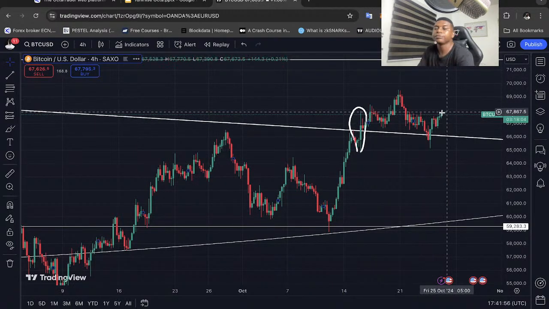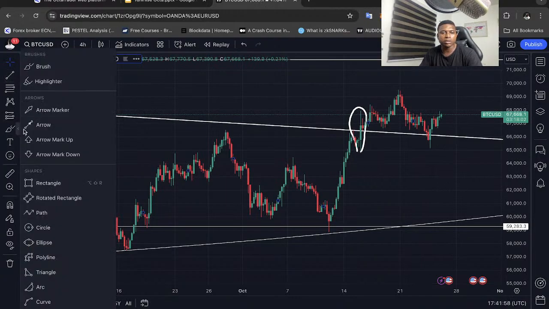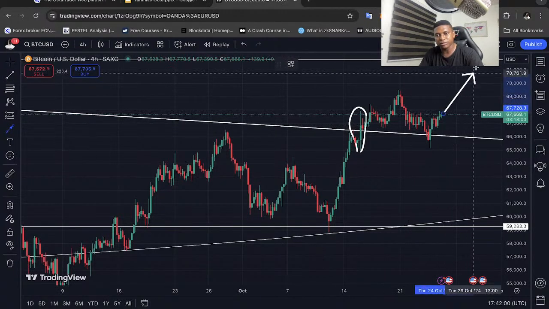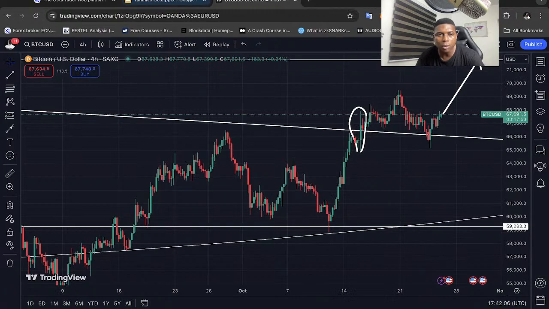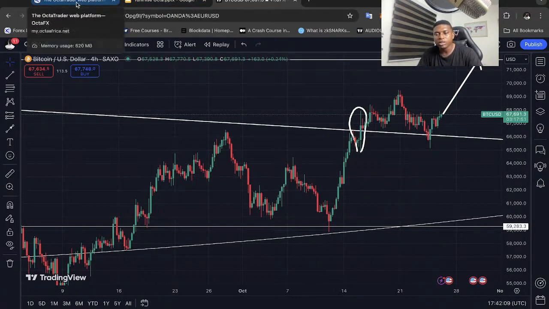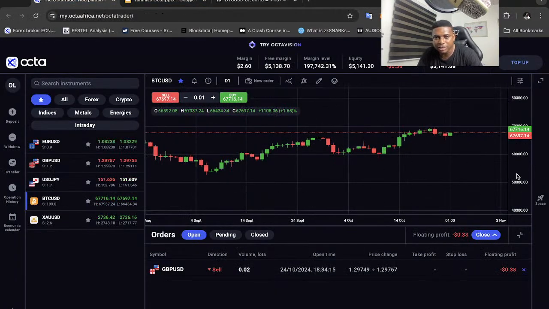So from here, our target level is 71K. All right, from here, what would I do if I'm trading BTC right now?